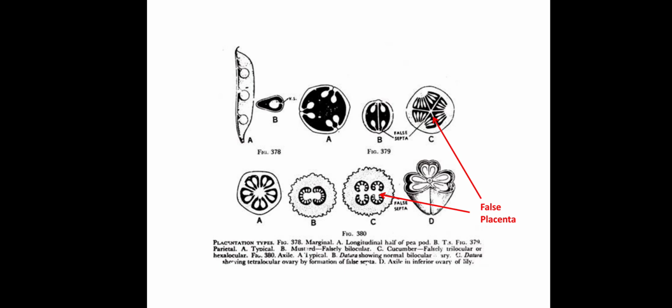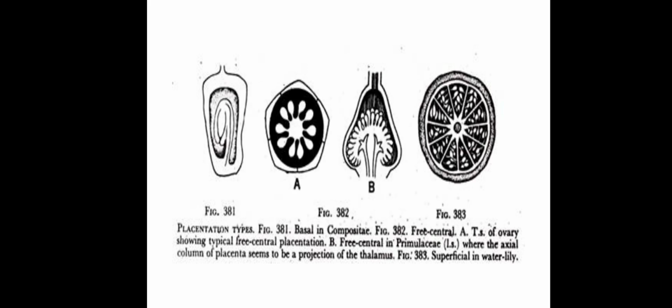Then in figure C, which is a datura, showing the tetralocular ovary by formation of the false placenta, and the last is the axial inferior ovary of a lily. So this is about the first three: marginal, parietal and axial.